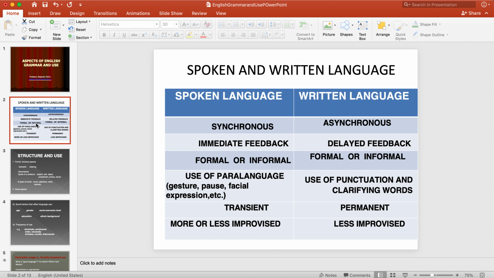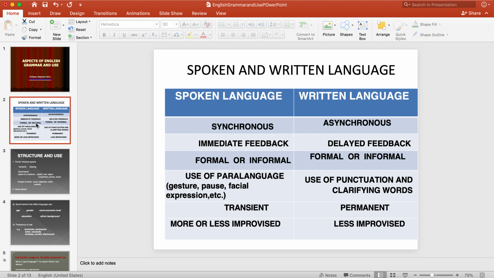But if you think of casual conversation between two friends, that's going to be casual or informal. And for written language, a legal contract or an academic paper are both going to be formal. A note you scribble to someone will be informal, or a text message, if we include digital writing, would be informal too.